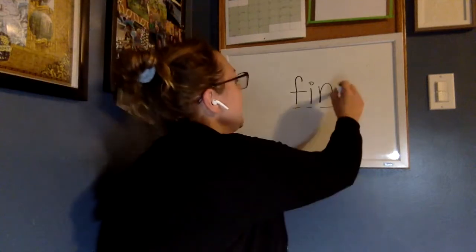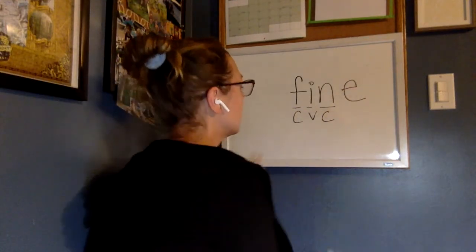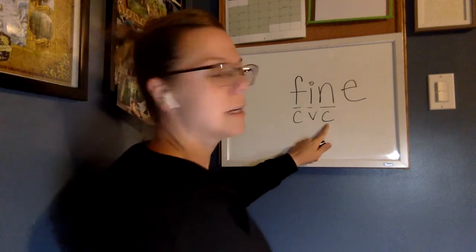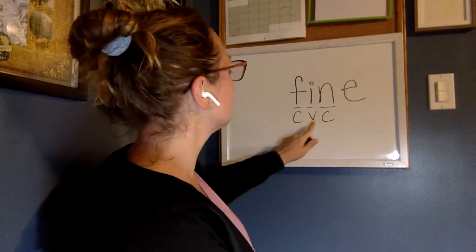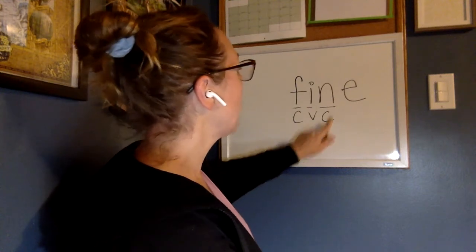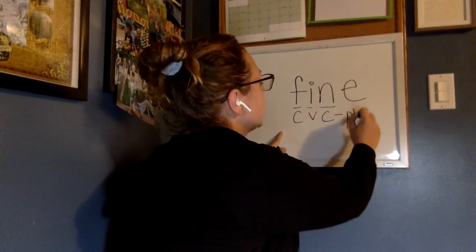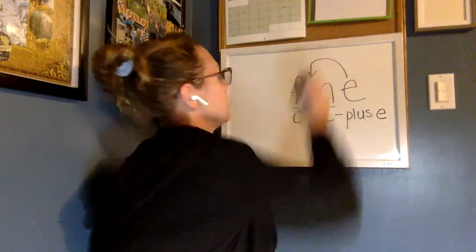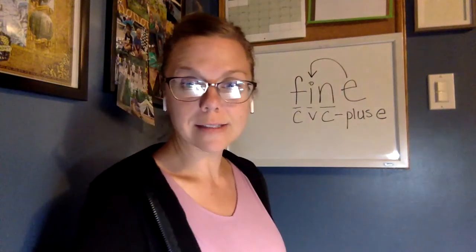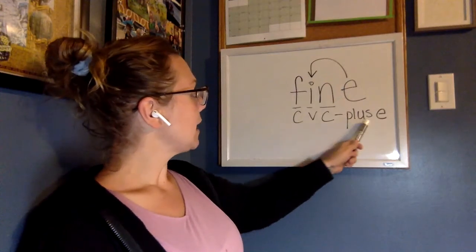Here's my CVC word, consonant, vowel, consonant. Now if you add an E, this turns into a CVC plus E, and you have to look out for those because it changes what that vowel says. So we're studying today CVC plus E.